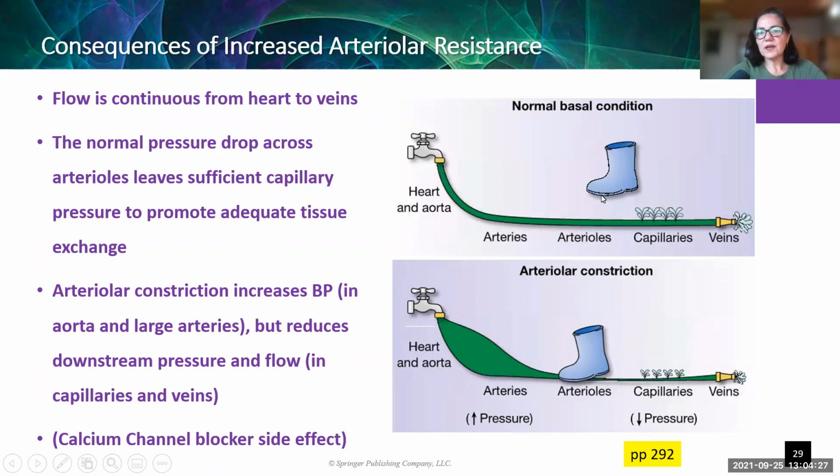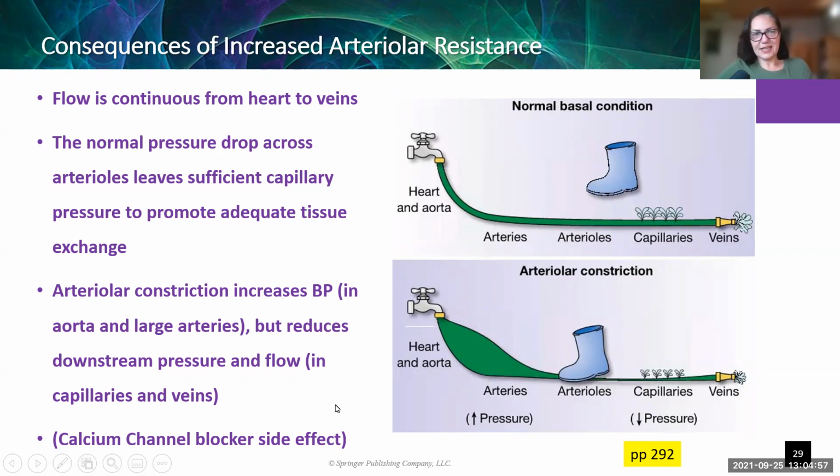When the arterioles contract, what happens is they increase the pressure back here in the larger arteries, but it decreases the pressure in the capillary. So we actually get less stuff coming out into the tissues. So arteriolar constriction increases blood pressure, but reduces pressure in the capillaries.